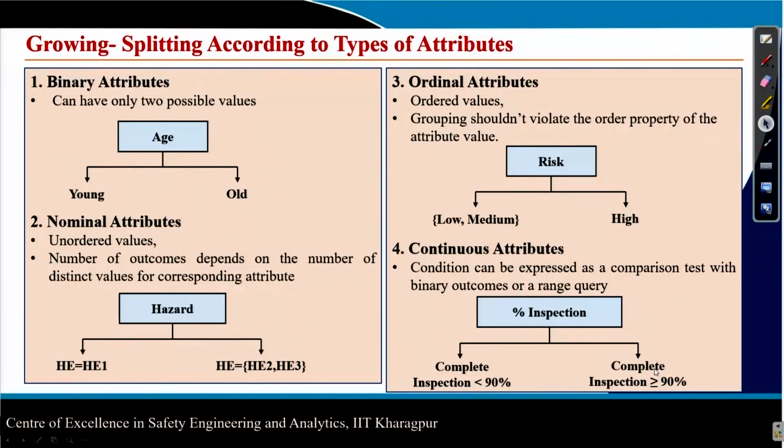Or if you think not, percentage inspection less than 50, 50 to 75, and greater than 75, which means 3 splits are possible. In this manner, for every attribute the split conditions are defined.